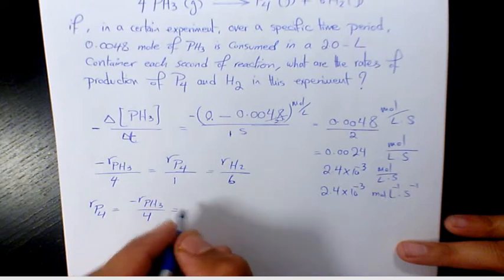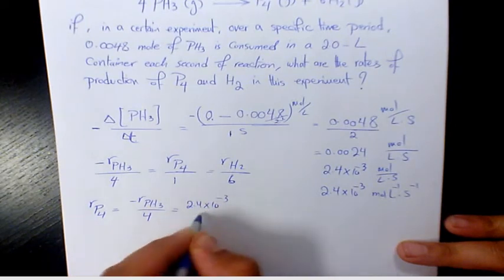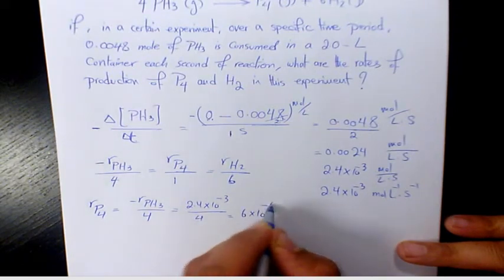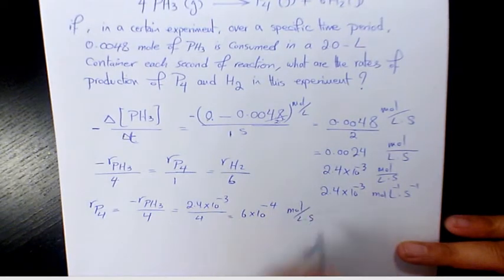So that's going to be 2.4 times 10 to the power of negative 3 divided by 4, and that's going to make it 6 times 10 to the power of negative 4 mole per liter per second.